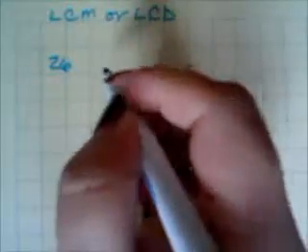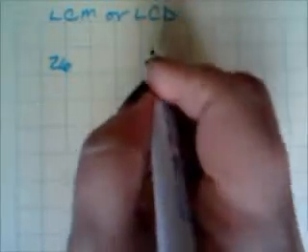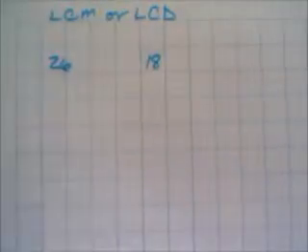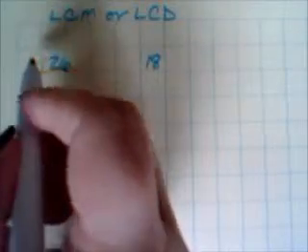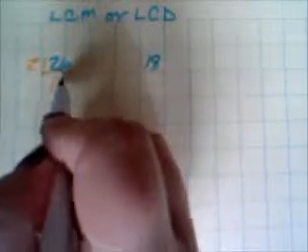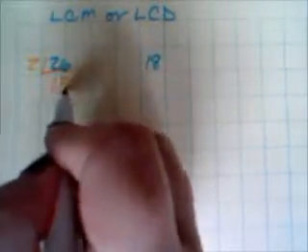Okay, let's try 26 and 18. Just like with greatest common factor, we're going to divide by factors. So we're going to divide by 2. 2 goes into 26 13 times. Okay, so that's done.